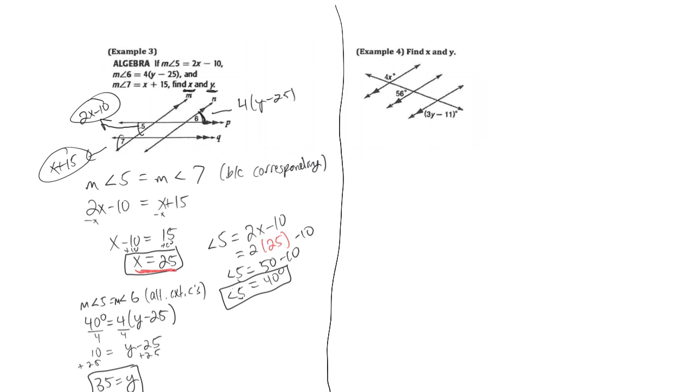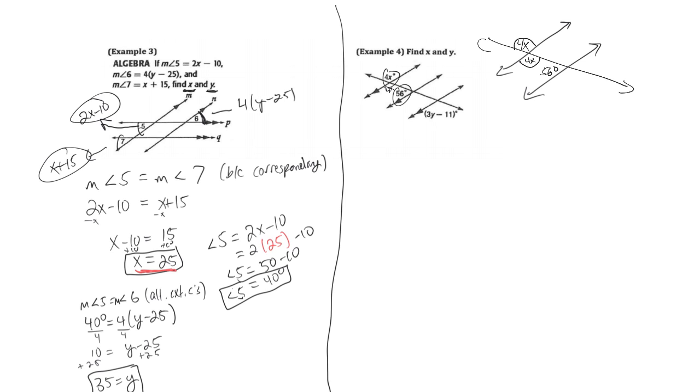Now let's look at 4x and 56. I'm going to pull out the two lines that contain them, and then the transversal. We have 4x here, and we have 56 degrees here. This is also equal to 4x because it's vertical angles, so I just put a 4x here.